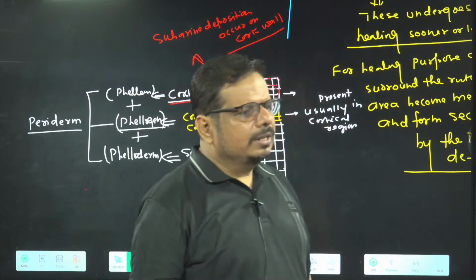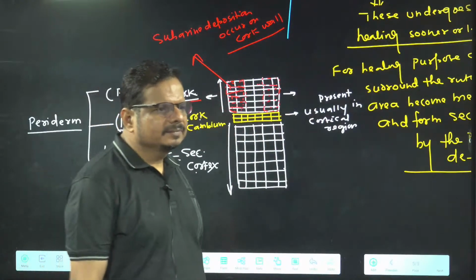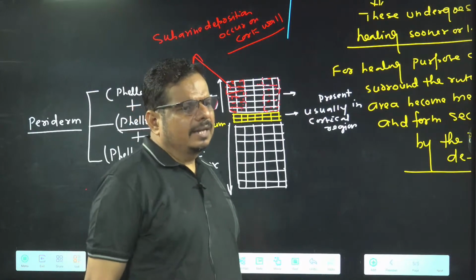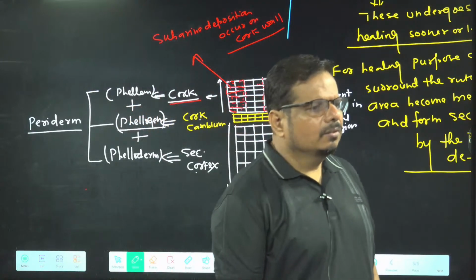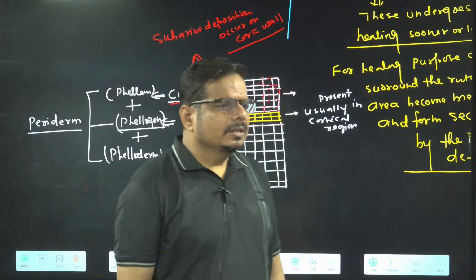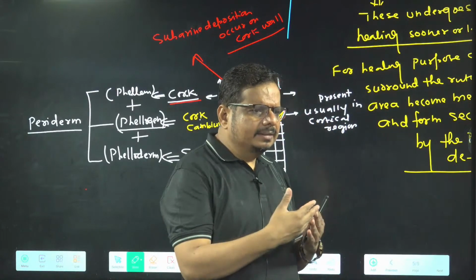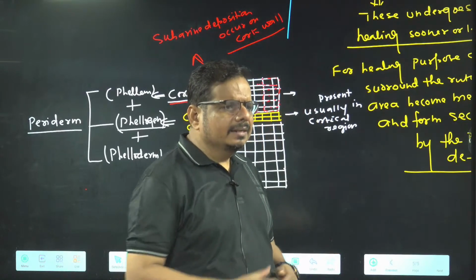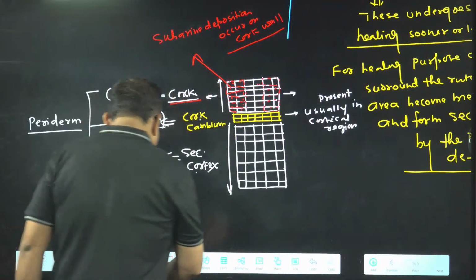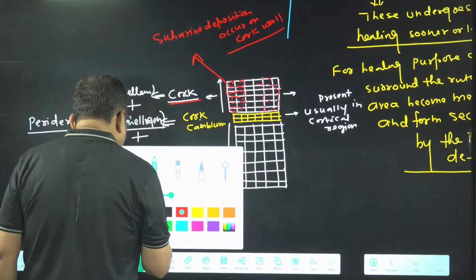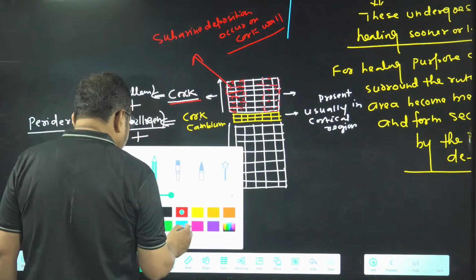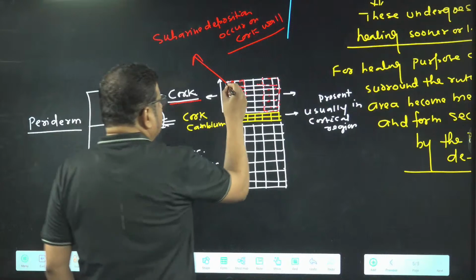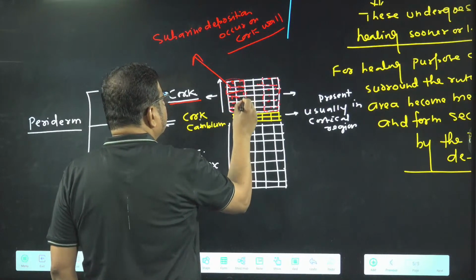Is it clear? So will the cell survive or will the cell die? The cell will die. The cell that gets suberized here is basically going to die, because there is no supply line. Blocked, basically. Getting the things. Now what happened? These parts that get suberized, later on what are they going to become?